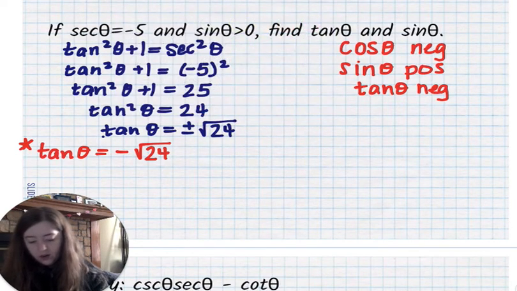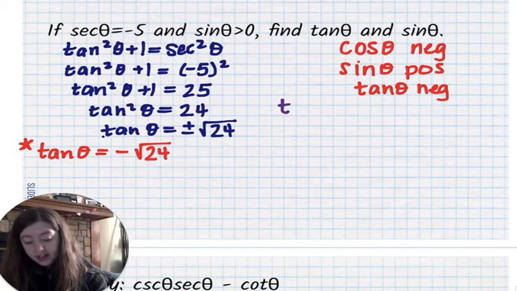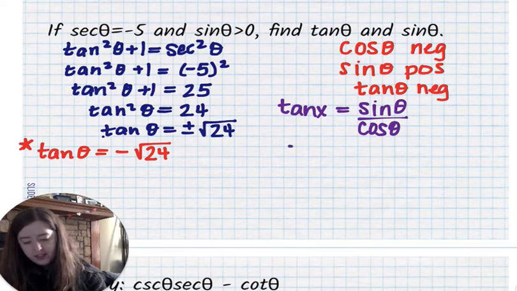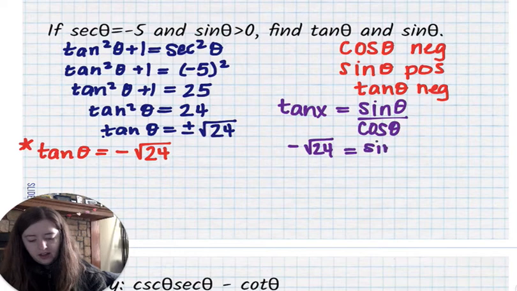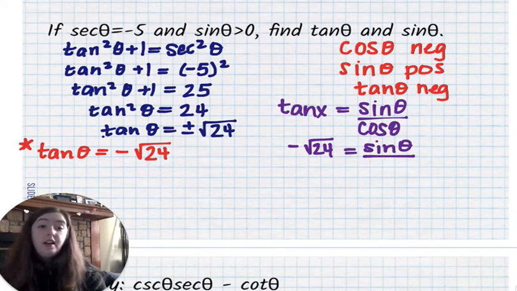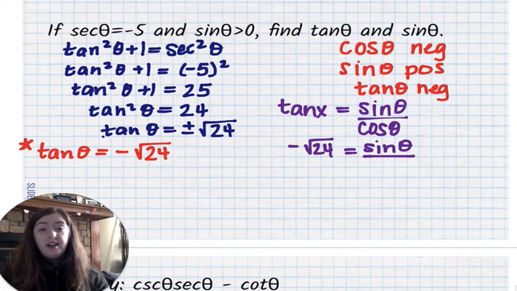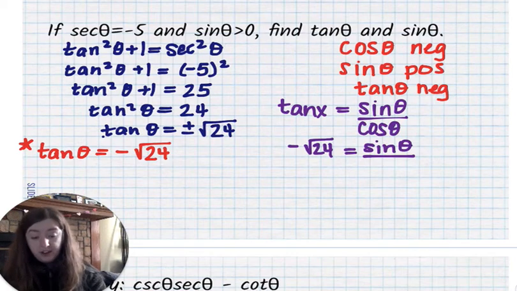Now we want to solve for sine. So we know that tangent is going to be sine over cosine. And we just figured out that tangent was negative square root of 24. And then we have sine on top. Now we got to figure out what cosine is. Well, remember, cosine and secant are the reciprocals of each other. So if secant is -5, cosine is -1/5, or 1 over -5, whichever way you want to look at it.